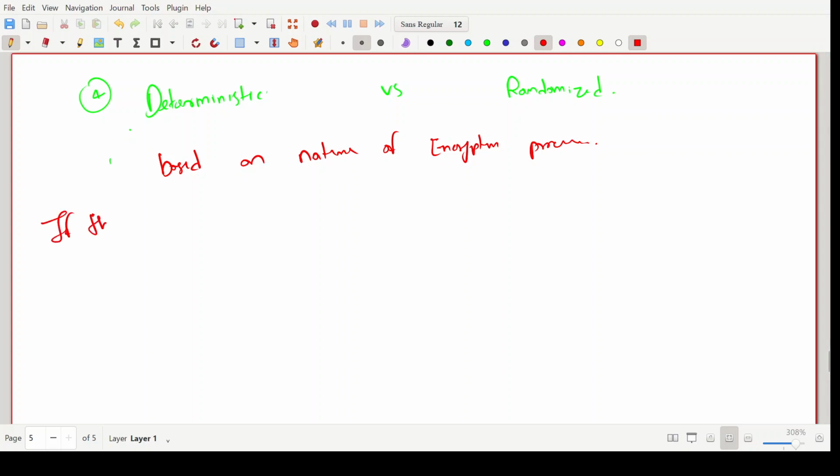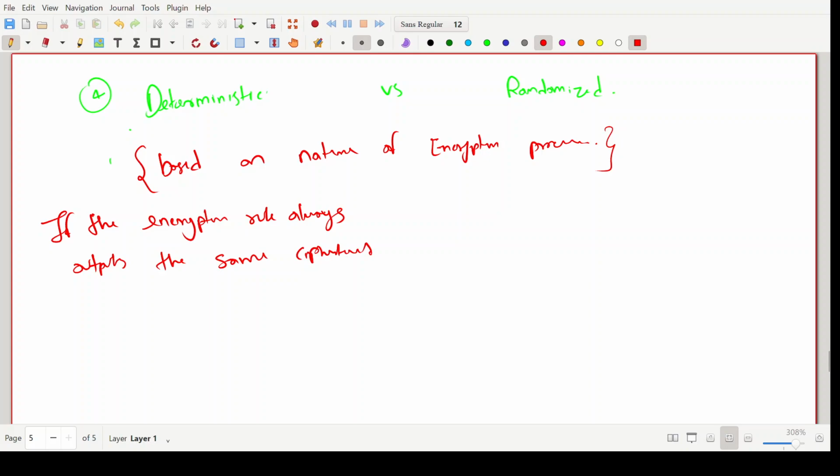So if the encryption, I'll put a bracket here, if the encryption rule or formula always outputs the same ciphertext for a fixed plaintext, then the crypto system is called deterministic.